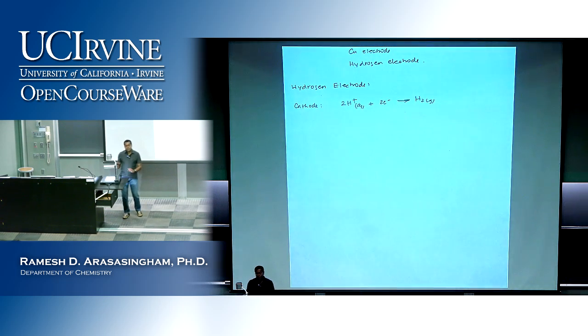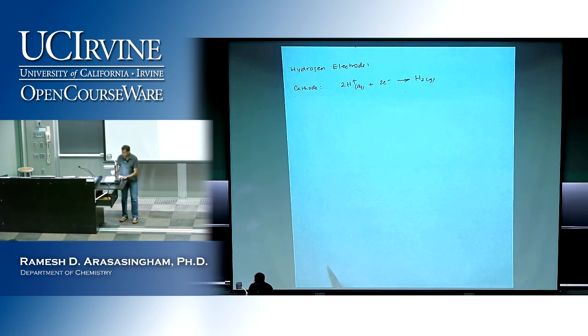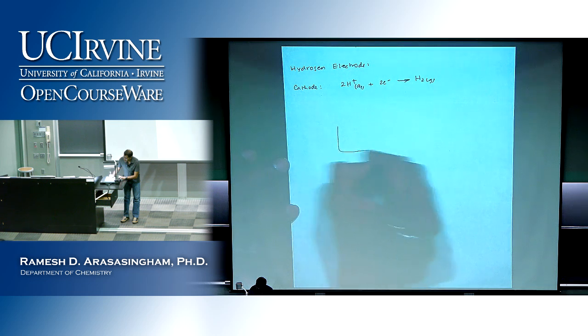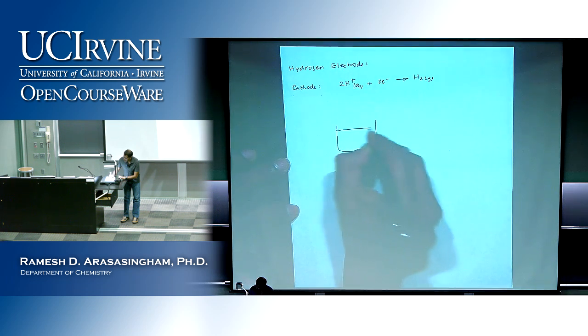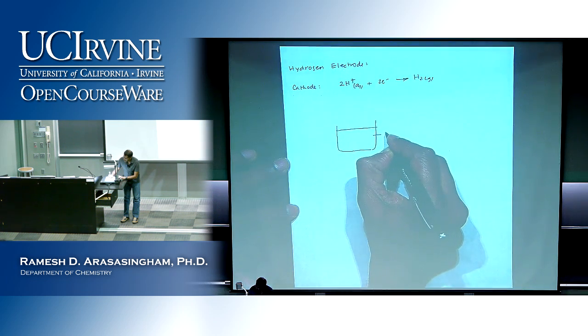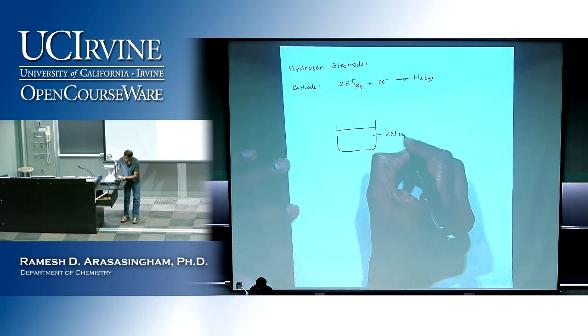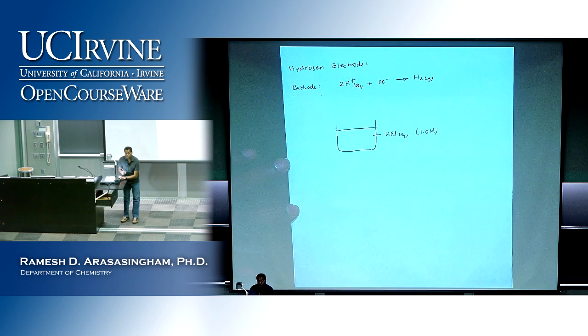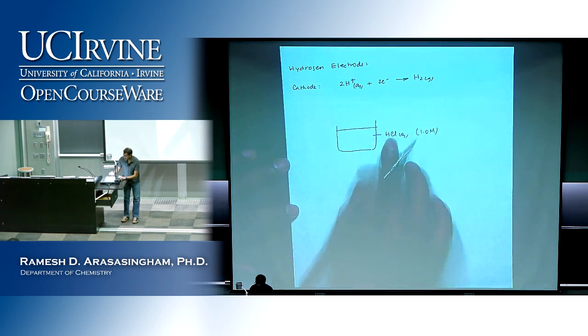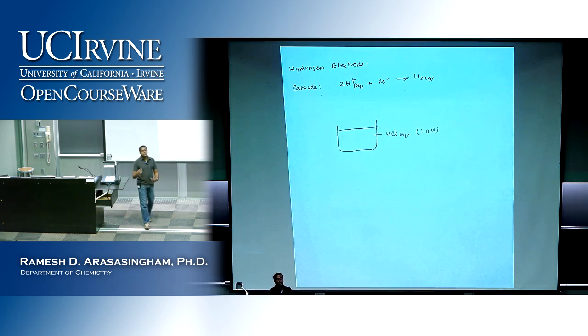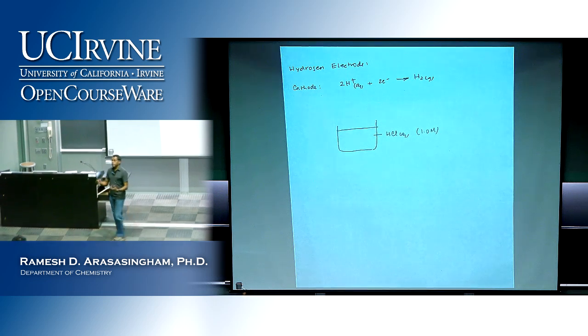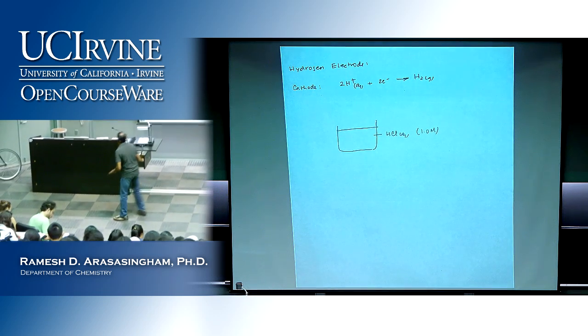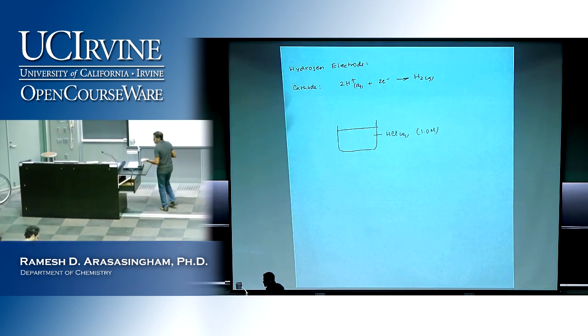All right? And so if you wanted to set this up, your H+ comes in the solution in the form of, let's say, HCl aqueous, and usually the concentration is 1 molar. So you can see in this, it's a strong acid, it dissociates completely, so in that solution you have H+ ions. All right?